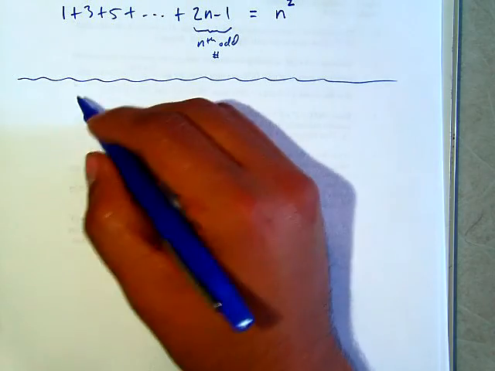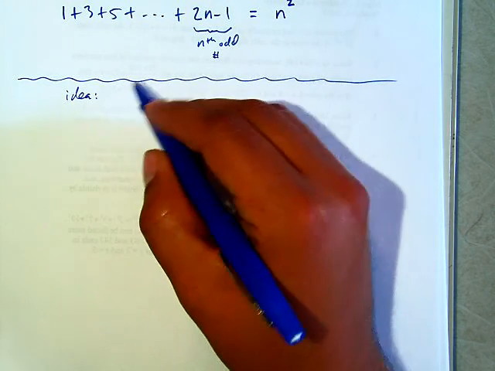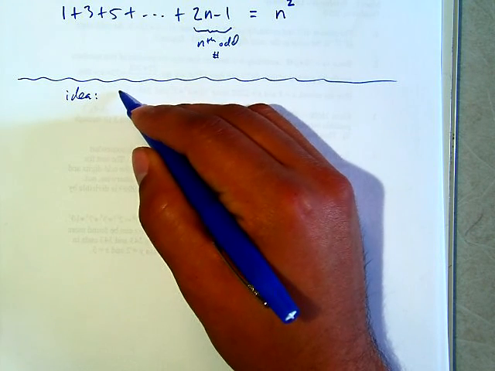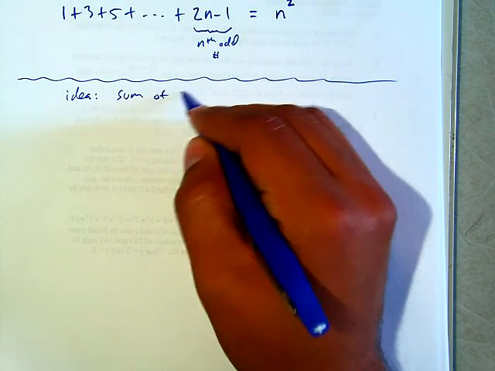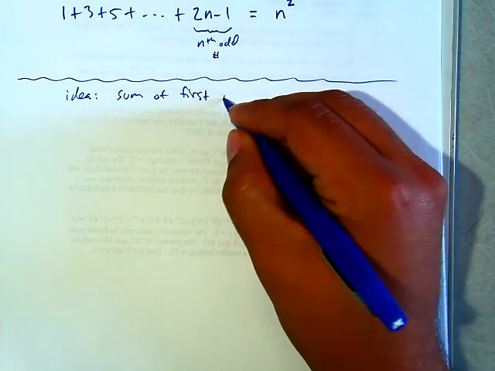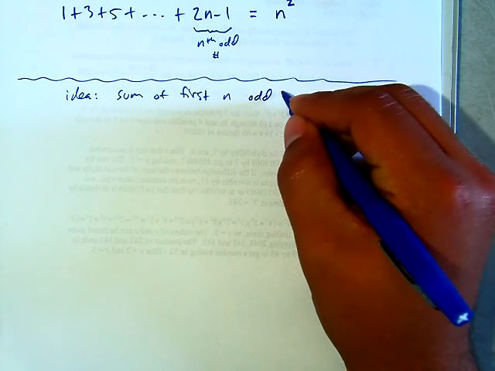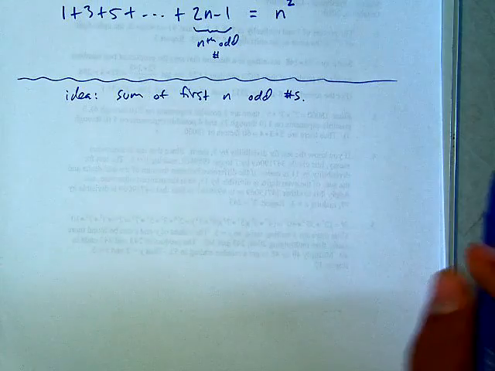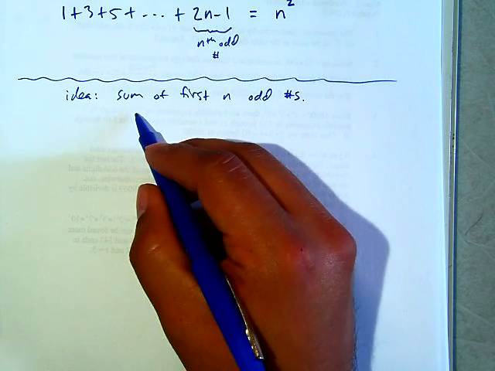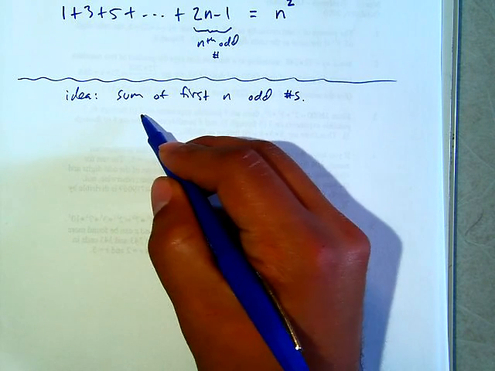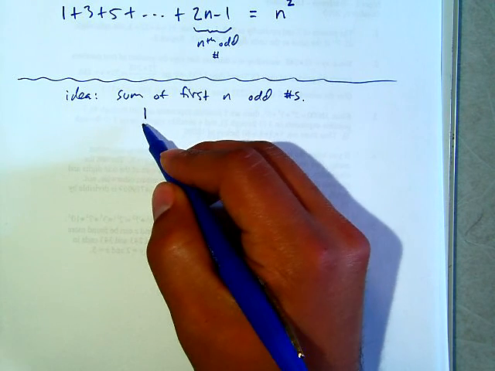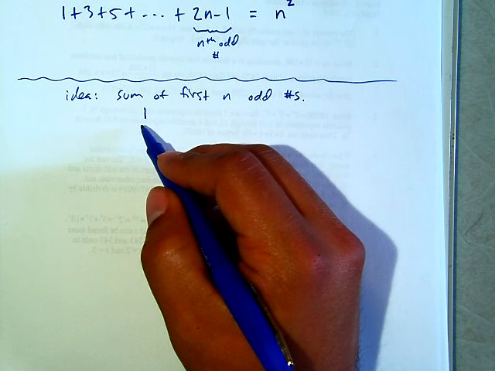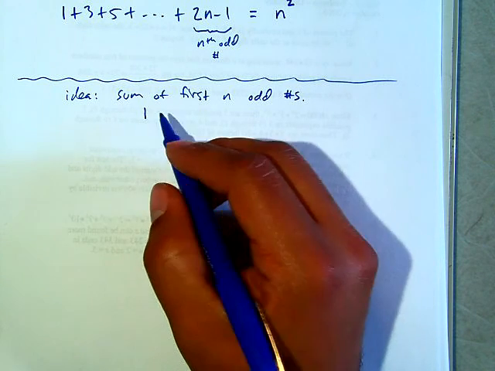Okay? So the idea here is that we're just finding the sum of the first n odd numbers. What is the first odd number? And if I stop, that's it. There's nothing to add except 1, right?